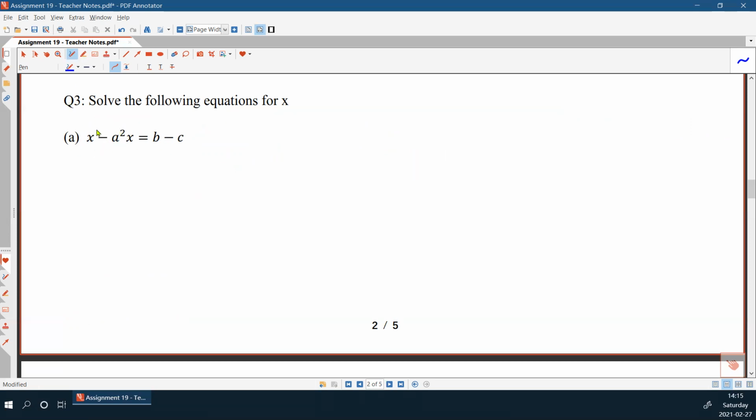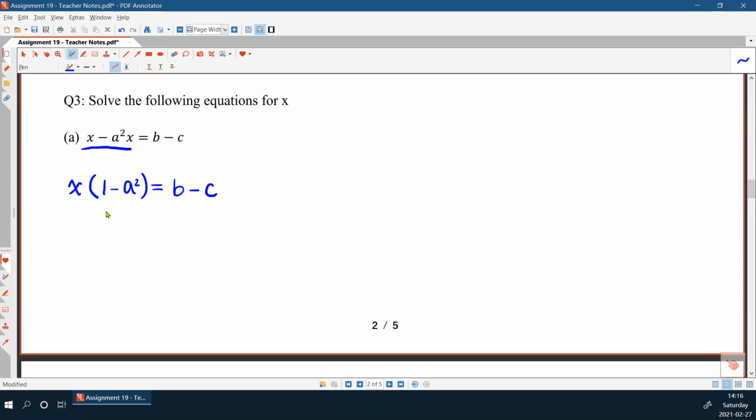So these two terms contain x, right? Okay, so x is a common factor which we can put in front, and what's left there is 1 minus a squared, right? And this equals b minus c.